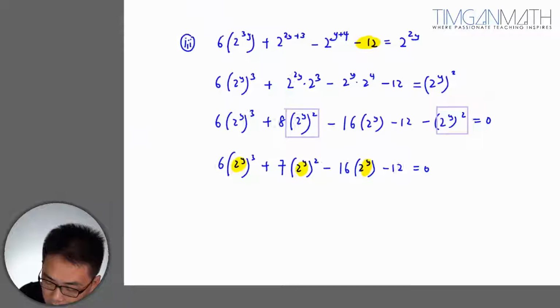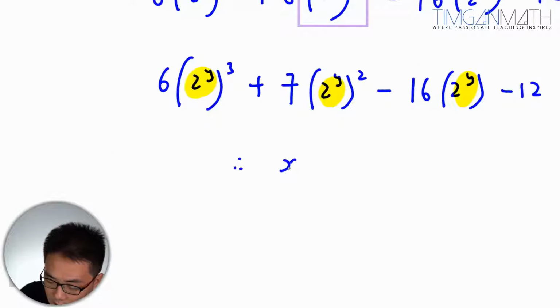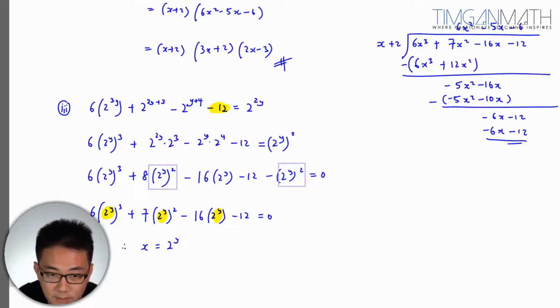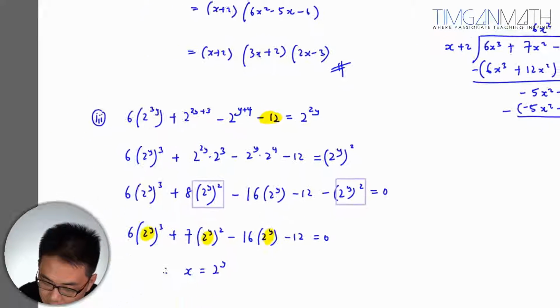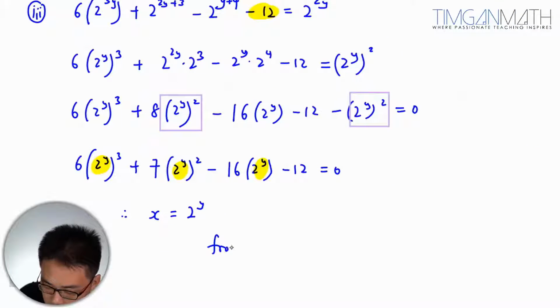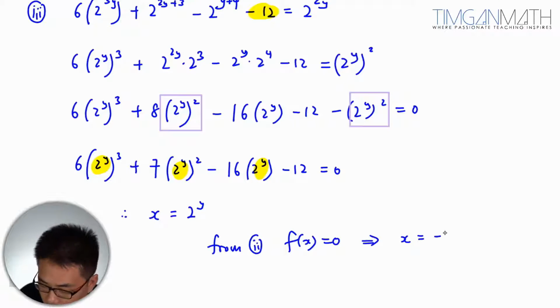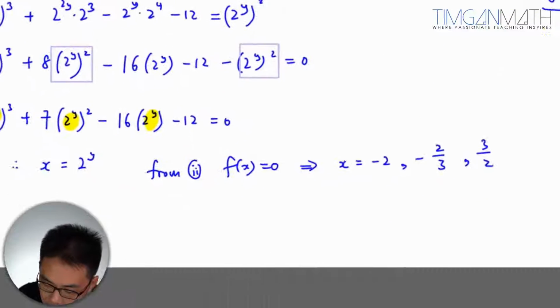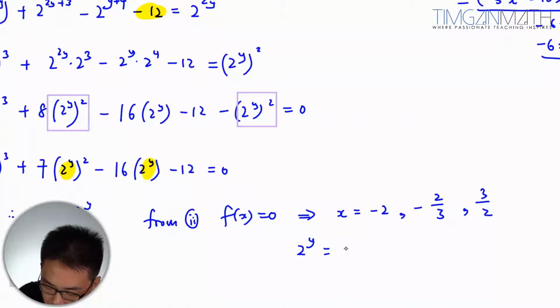Hence x equals 2^(y), and x from the previous part, when fx is 0, we know is -2, -2/3, and 3/2. So in other words, what we get is 2^(y) equals -2, -2/3, and 3/2.